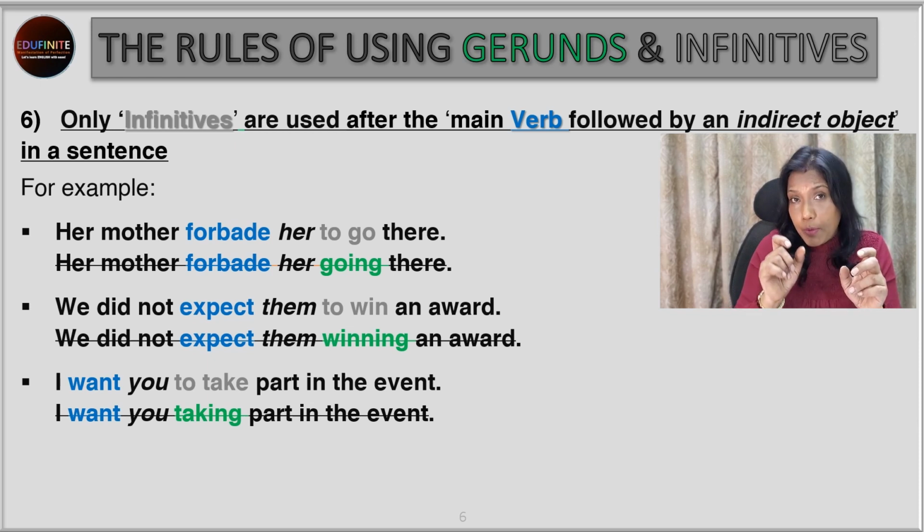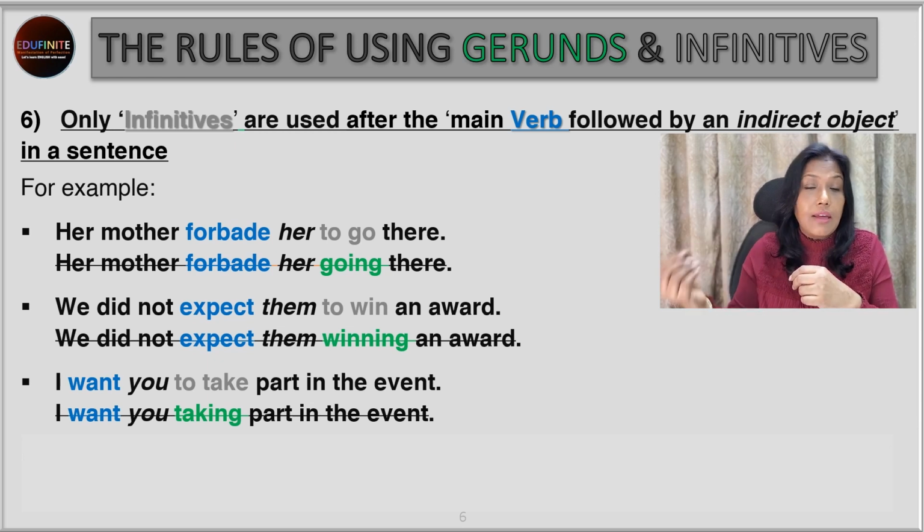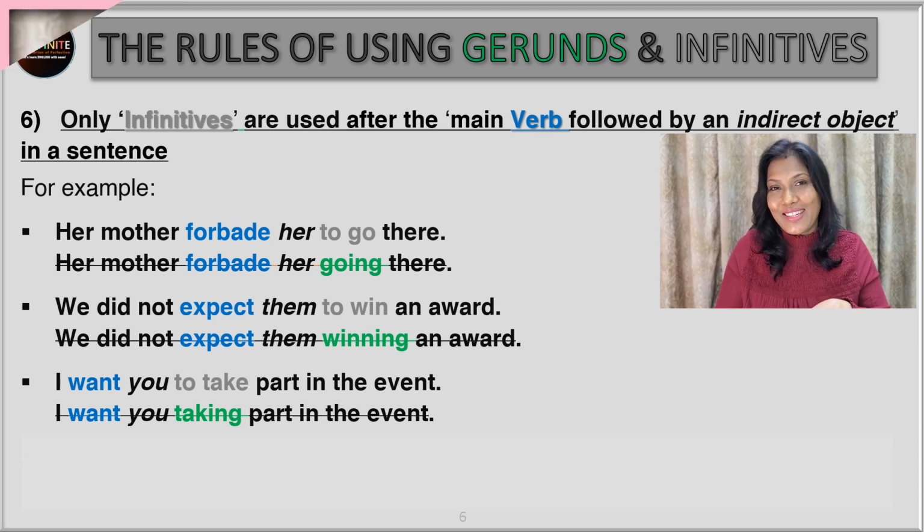That's the pronoun, which is acting as the indirect object. And then we have to use the infinitive. I want you to take part in the event. So it's the infinitive form of the verbal that we are using. We cannot say, I want you taking part in the event. That is absolutely wrong.